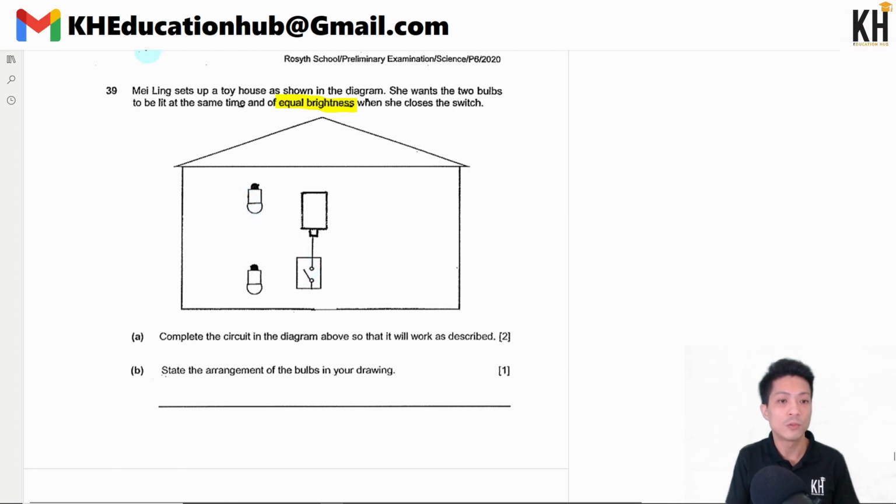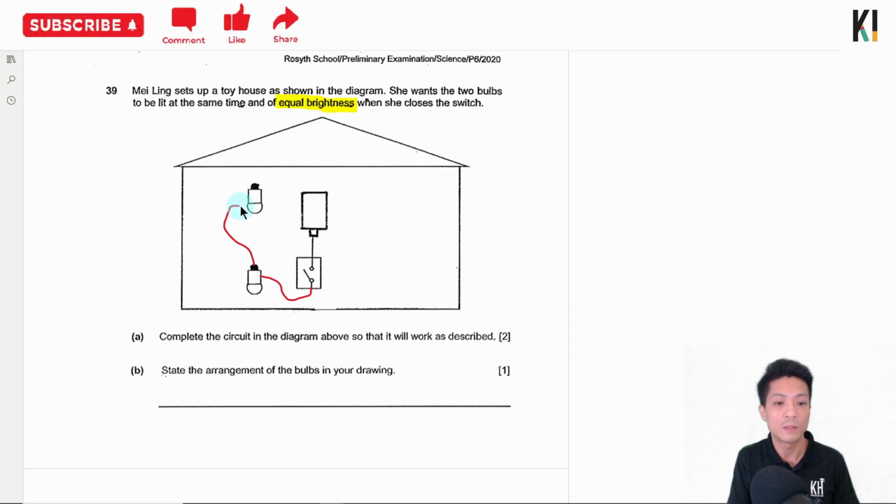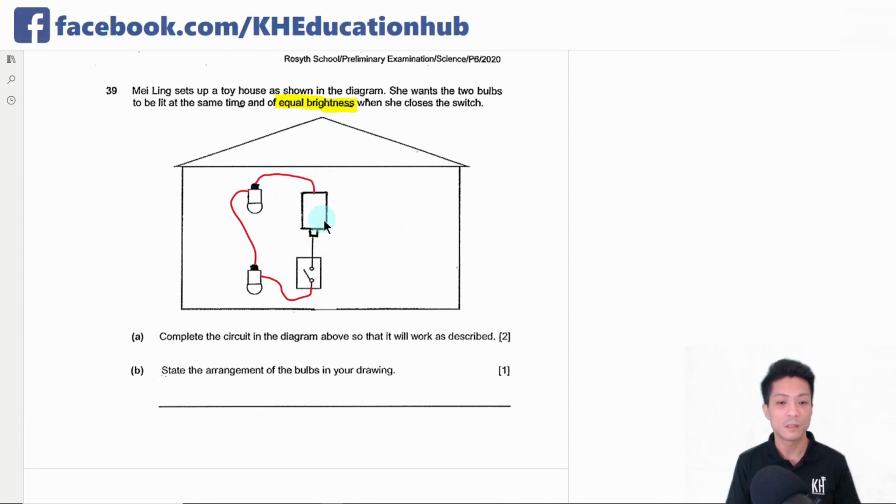So I'm going to draw a series connection, because it should be easier. I'm going to draw from the switch first to the casing of the light bulb, and from the tip of this light bulb I'm going to connect to the back of the battery. This will become a closed circuit when she closes the switch.